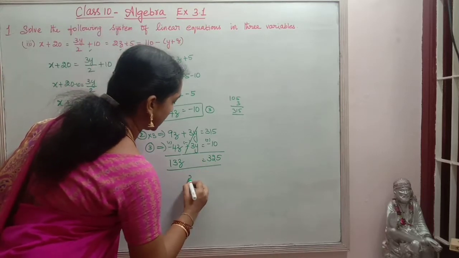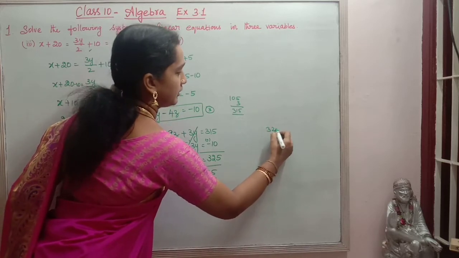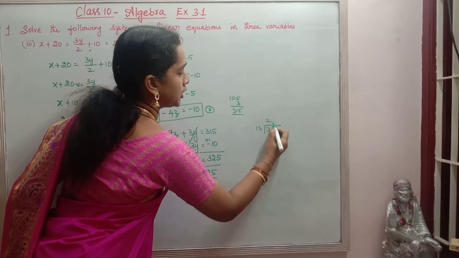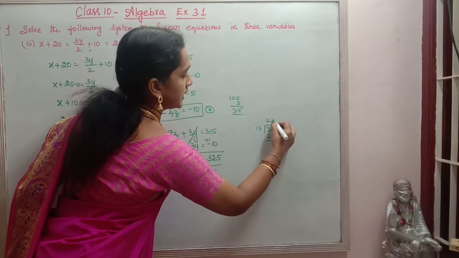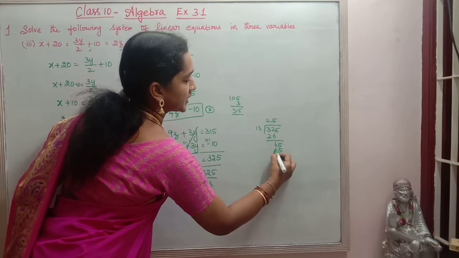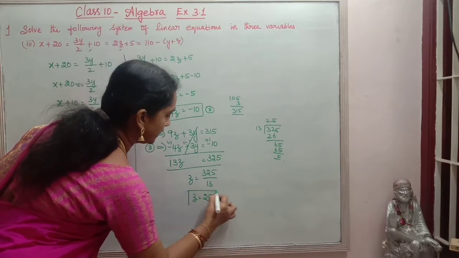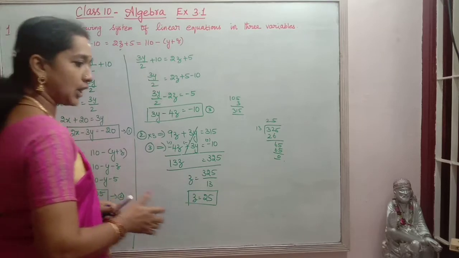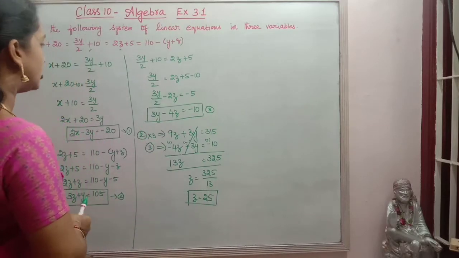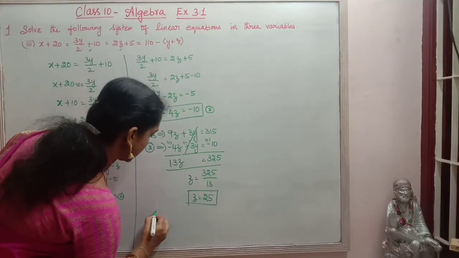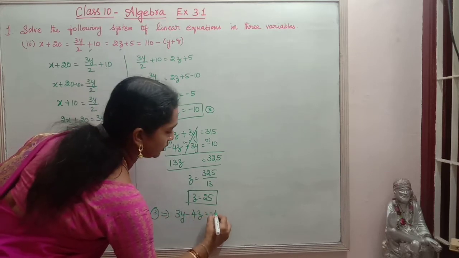So z is equal to 325 divided by 13. 325 divided by 13: 13 twos are 26, balance 65, then 5 times it will be 65. So the z value is 25. Now substituting this z value in any one of the equations, I will take the third equation: 3y minus 4z is equal to minus 10.